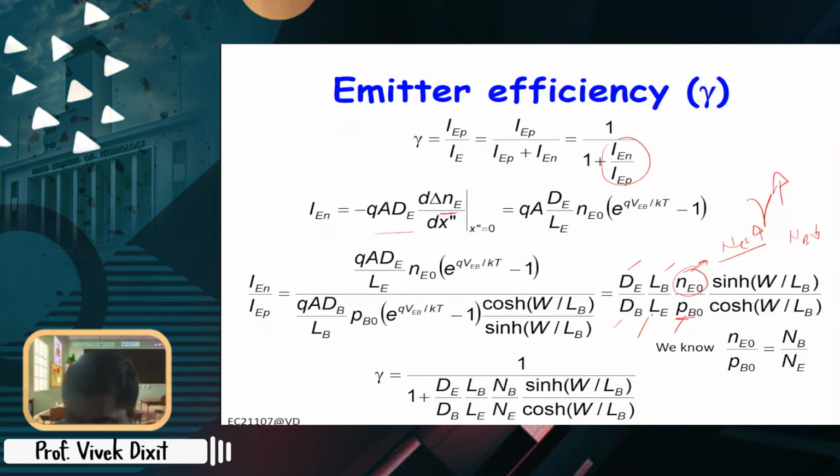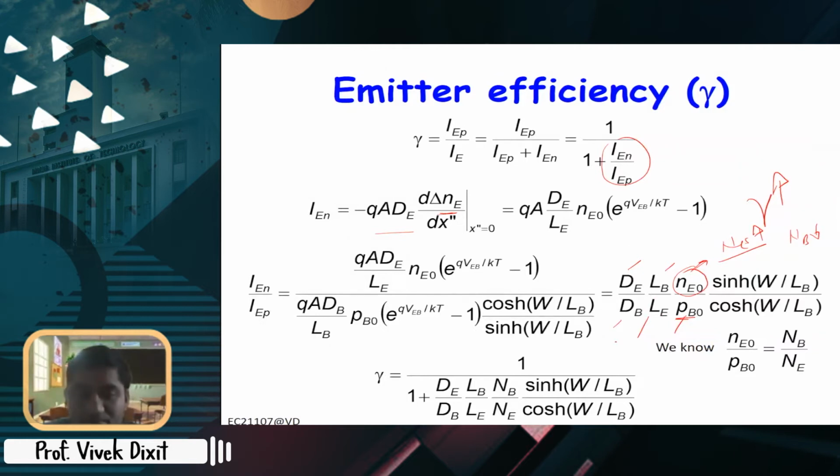And diffusion length, not much control. Diffusion coefficient, not much control. But this LB will be higher if D times tau is more, right? So if you have less doping, this diffusion length will be higher in the base. If you have high doping, diffusion length in emitter will be less.